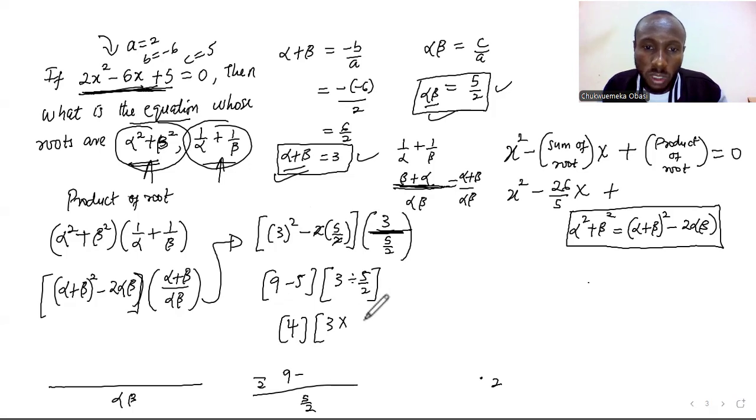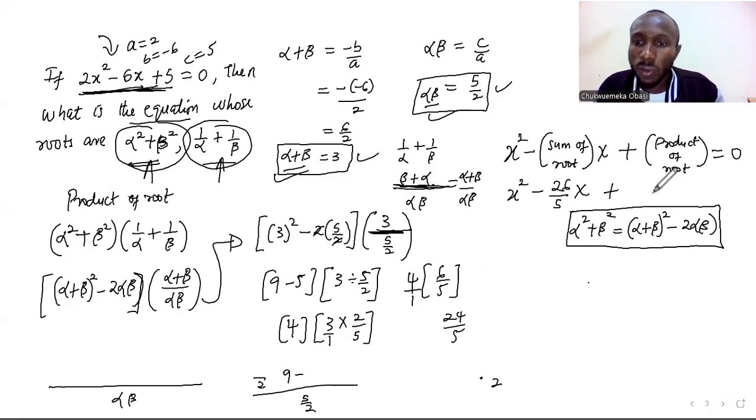Remember, you have to invert the other fraction on the right-hand side, so you have 2 over 5. So now let's multiply out. 3 times 2 is 6 over 5. I'm sure you know this is over 1. So multiply out again, 4 times 6 gives me 24 over 5. So finally, I have the product of the roots, 24 over 5.